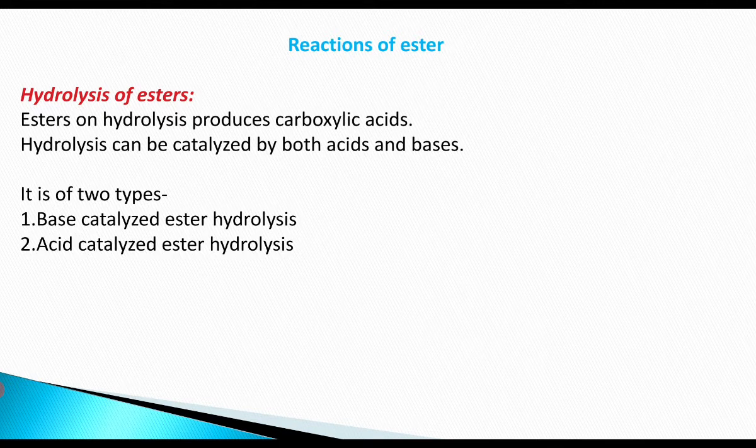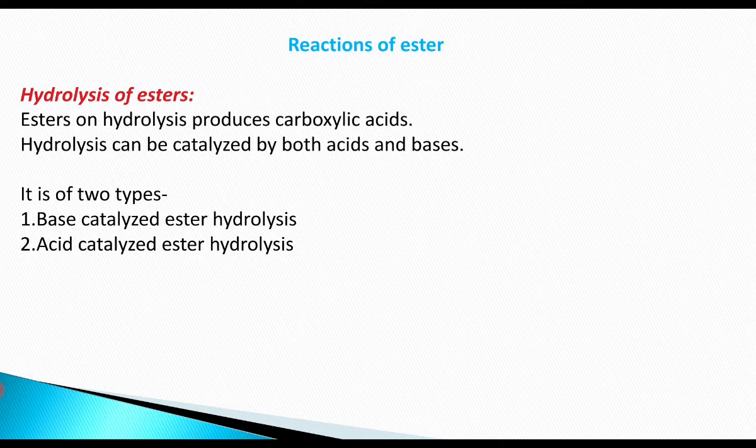reactions of esters. Esters undergo only hydrolysis, and the hydrolysis of esters is of two types. Esters on hydrolysis produce carboxylic acids, and this hydrolysis can be catalyzed by both acids and bases. Therefore, they are categorized into two types: base catalyzed ester hydrolysis and acid catalyzed ester hydrolysis.